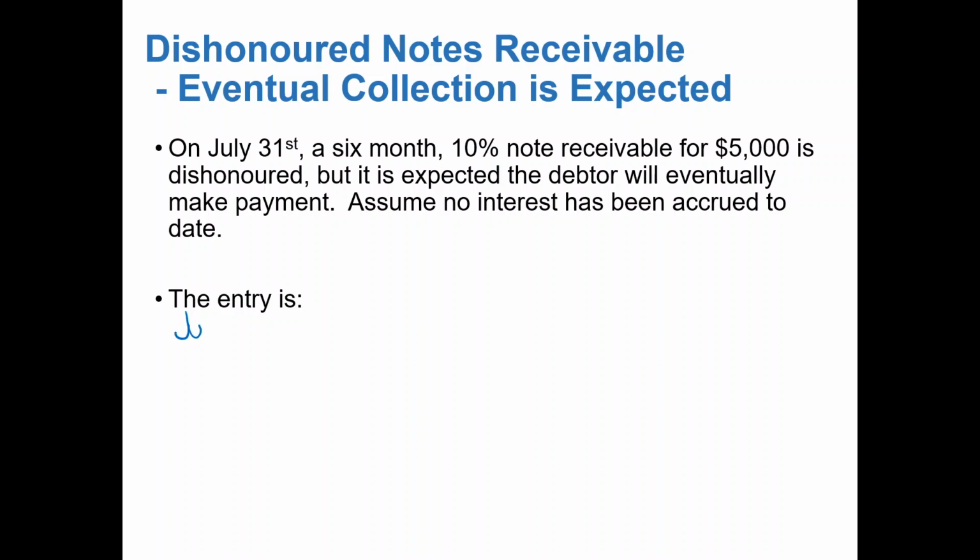So the entry on July 31st, where we think that eventually a payment will be made to us. So eventually we're going to collect that amount. So if that's the case, we're just transferring the amount into accounts receivable.